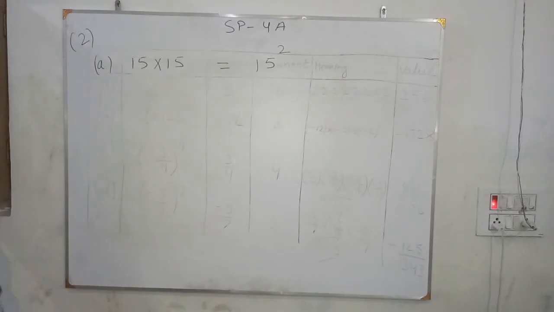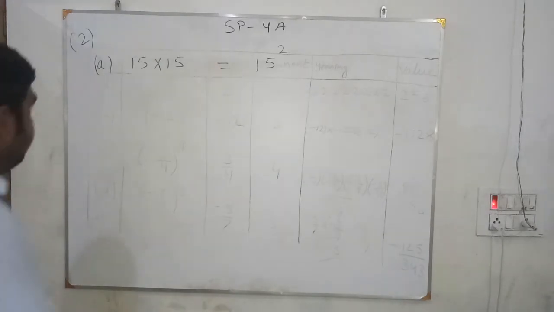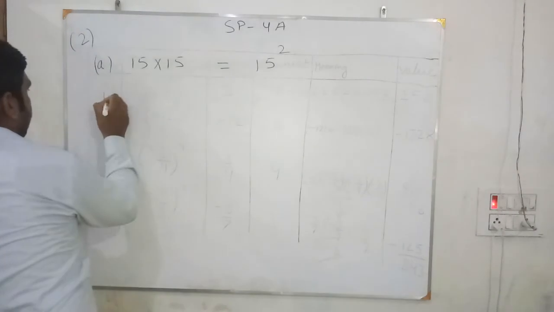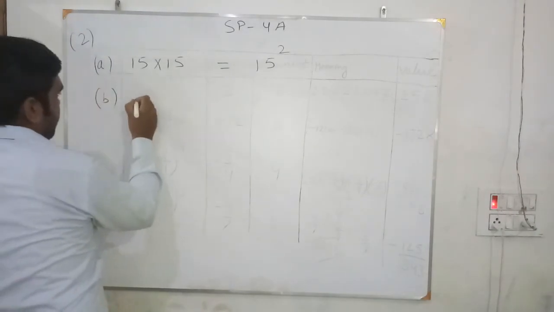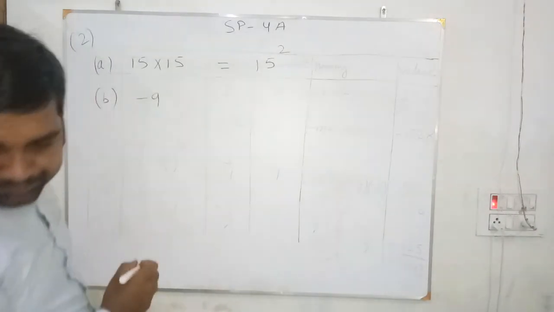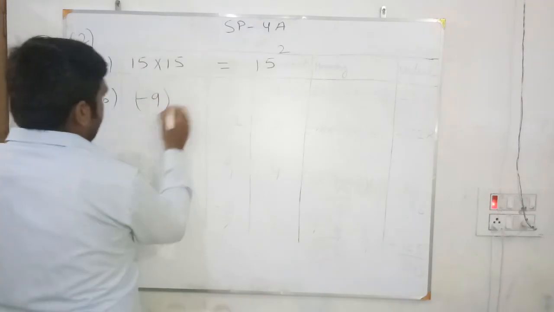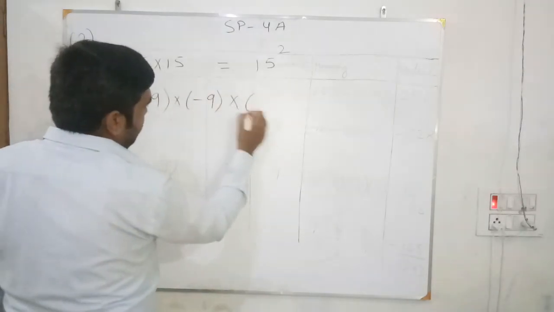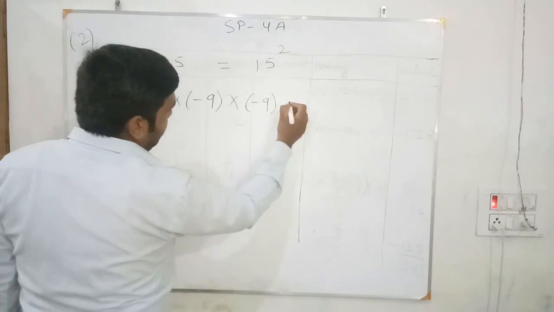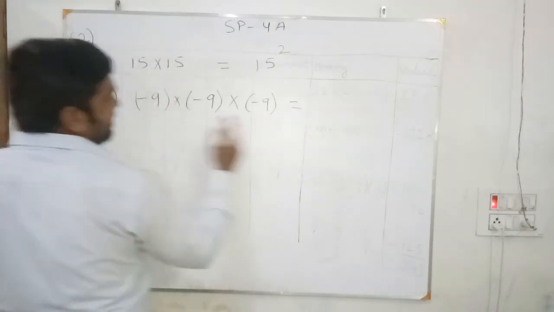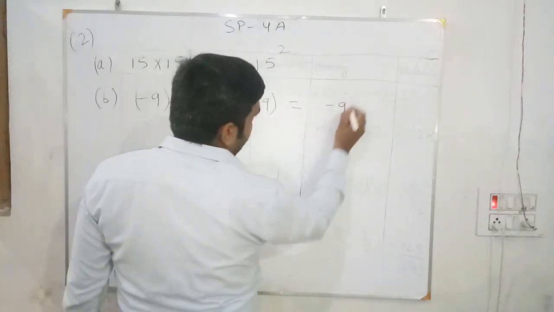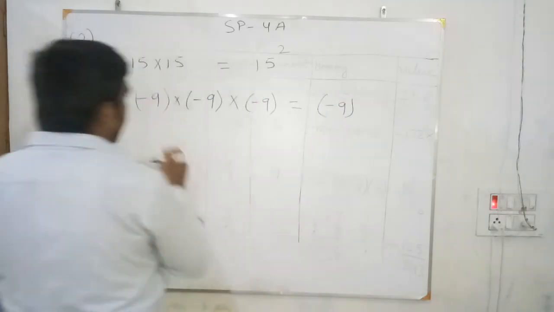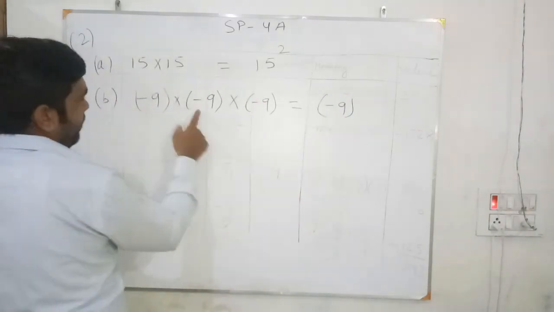Similarly, you see B: minus 9, multiply minus 9, multiply minus 9. Now see, the base is minus 9, and see how many times this base is multiplied: 1, 2, 3.